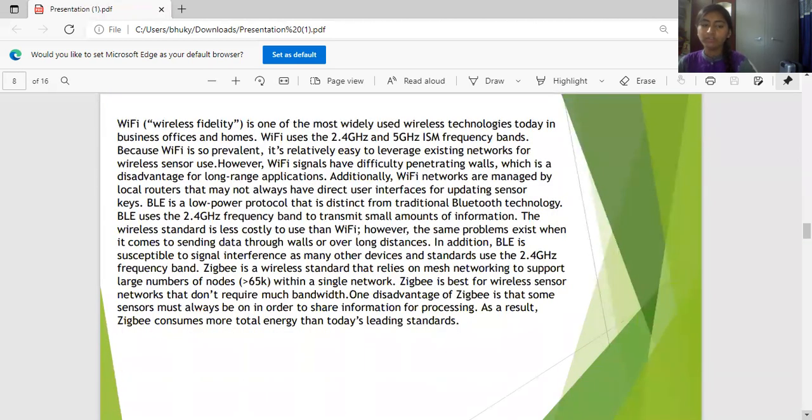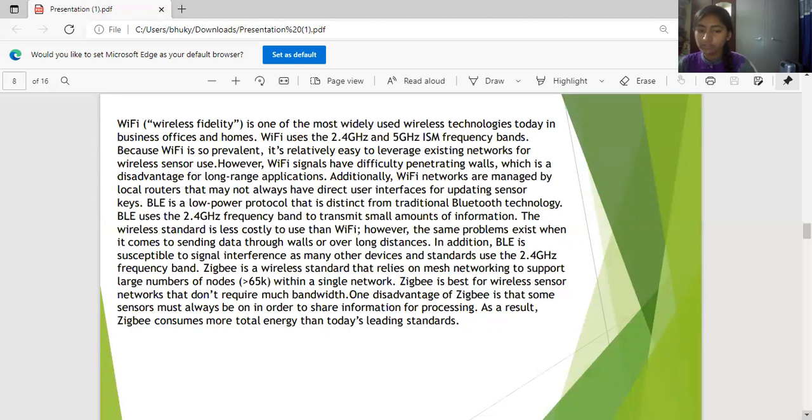Wi-Fi is one of the most widely used wireless technologies today in businesses, offices, and homes. Zigbee is a wireless standard that uses mesh networking to support a large number of nodes within a single network.